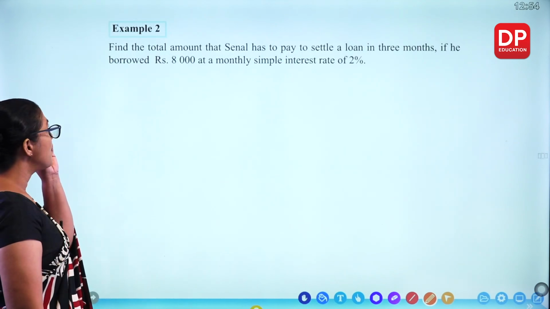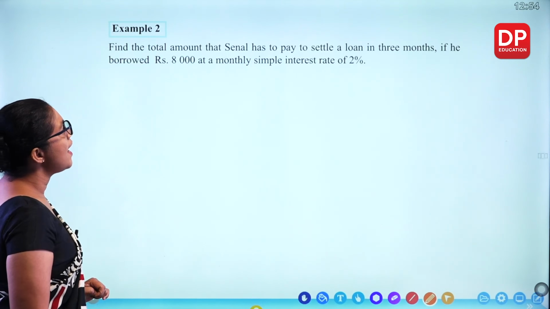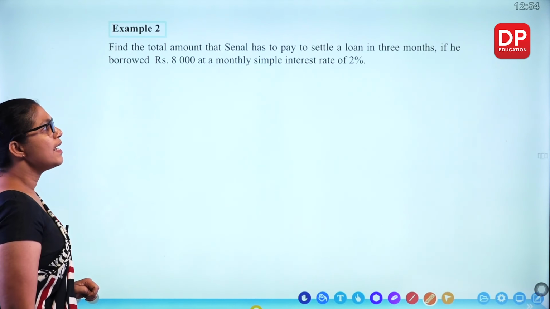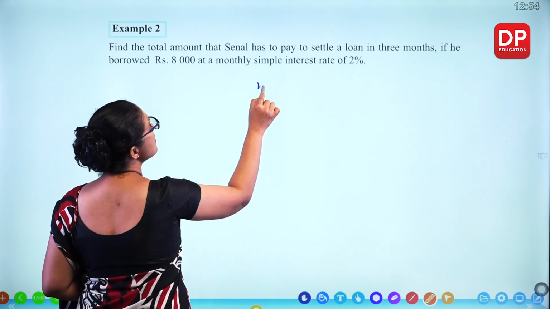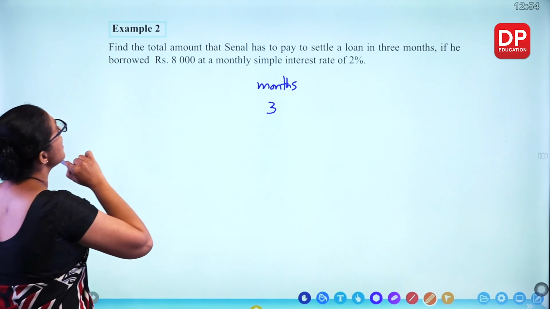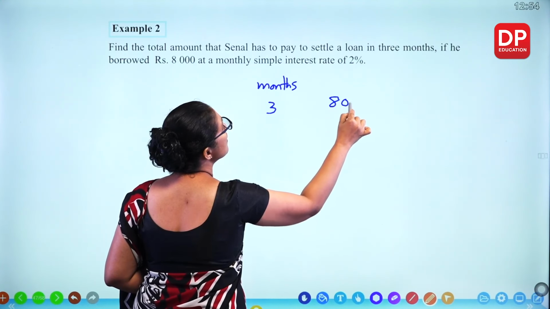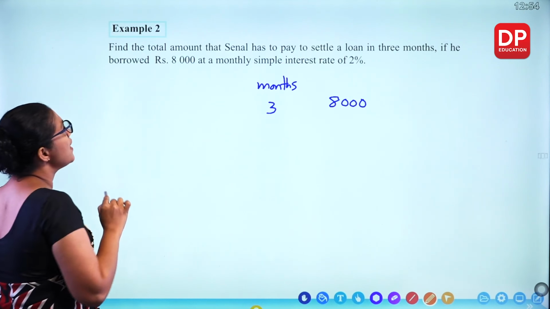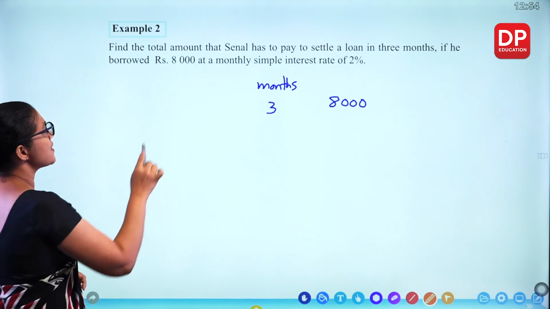Example number 2. Find the total amount that Senal has to pay to settle a loan in 3 months. So months is given, that's 3 months. If he borrowed 8,000 rupees at a monthly simple interest rate of 2%.